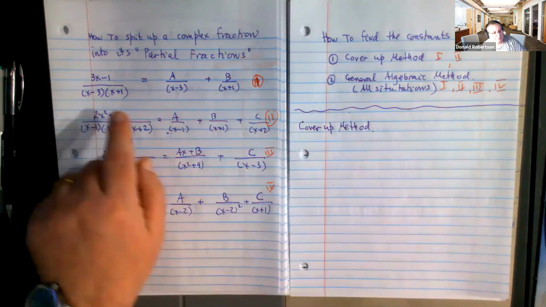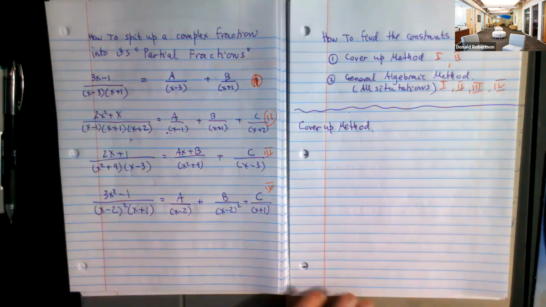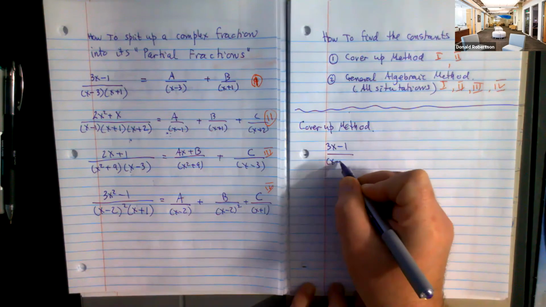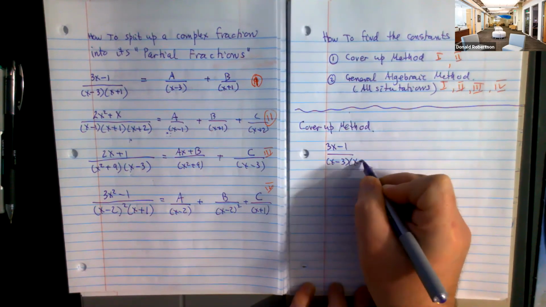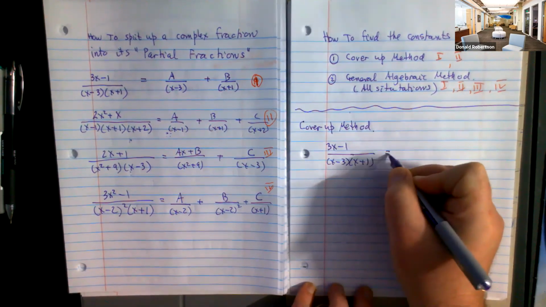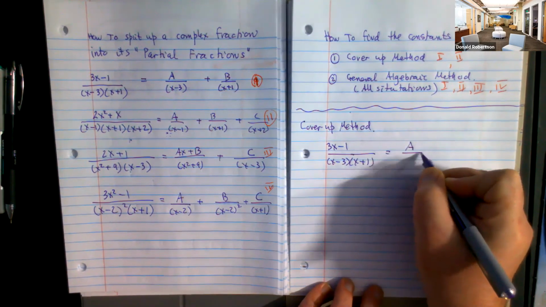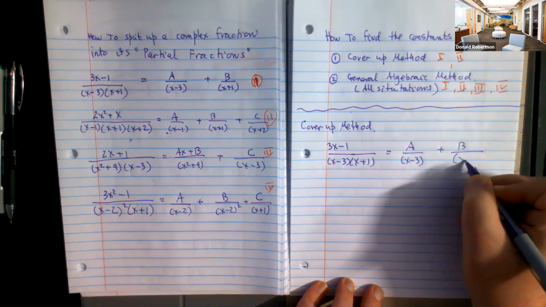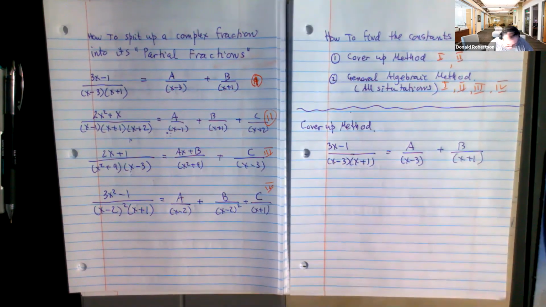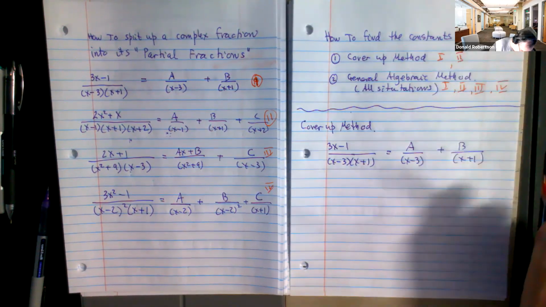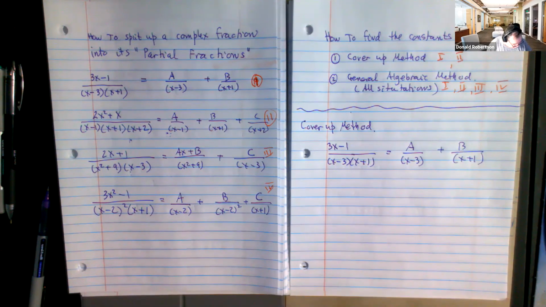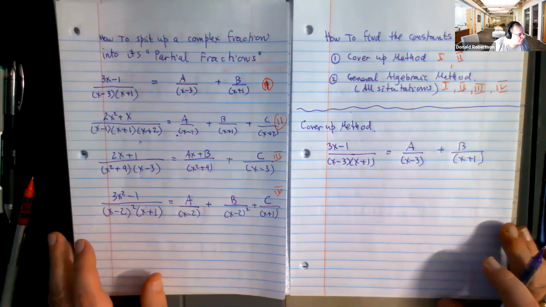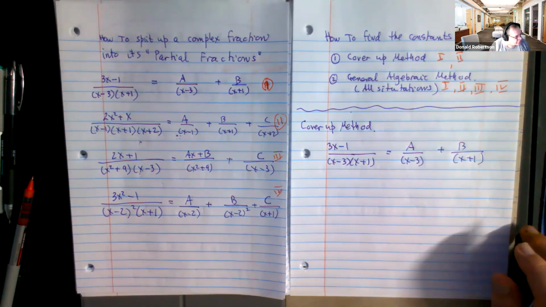Well, let's do it for this one, since it's there. I would like to find what this guy looks like when you break it into its two pieces. Now, the cover-up method is magic, and you have to look at it as just a process that works, and don't get too caught up on I wonder why it works.